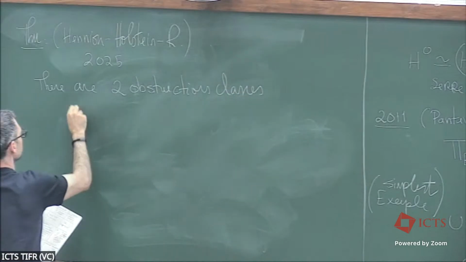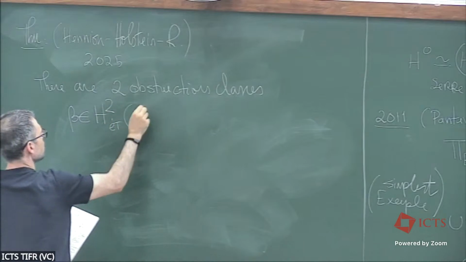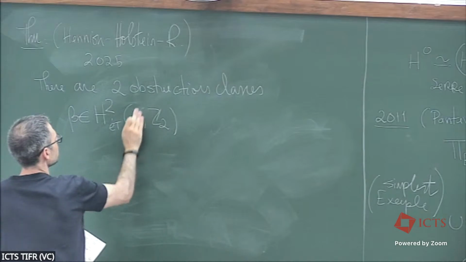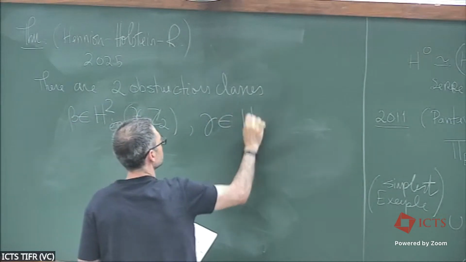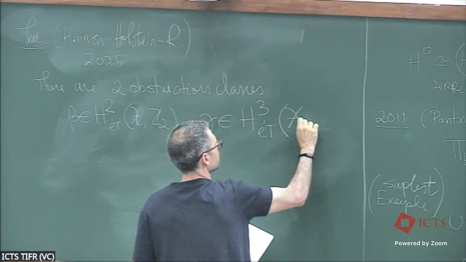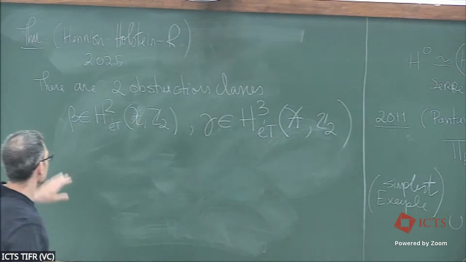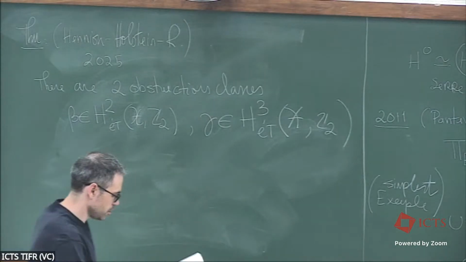So the first one, beta, lives in H2 et al of X with values in Z. So X is my curly X. And the second one, gamma, lives in H3 et al of X with values in Z2. Essentially, there are only two classes that you have to trivialize in order to be able to glue these categories.